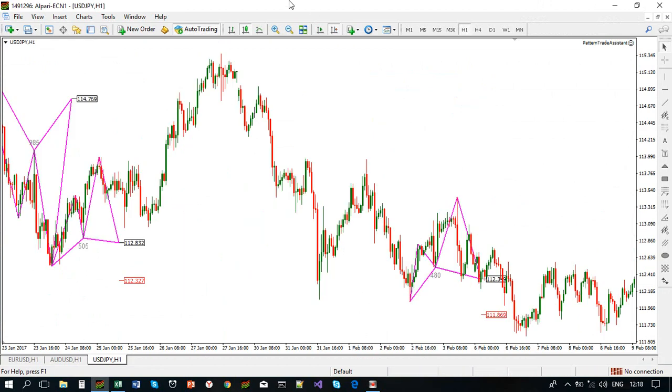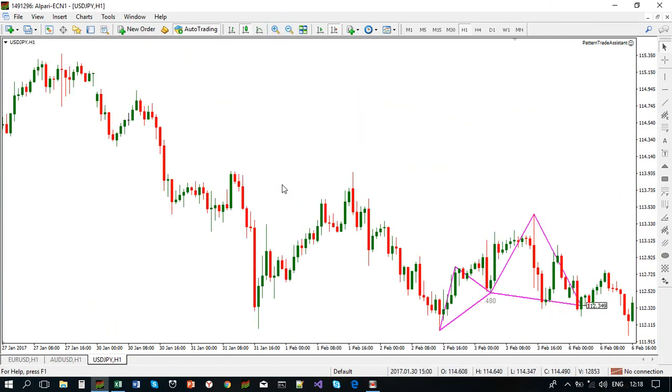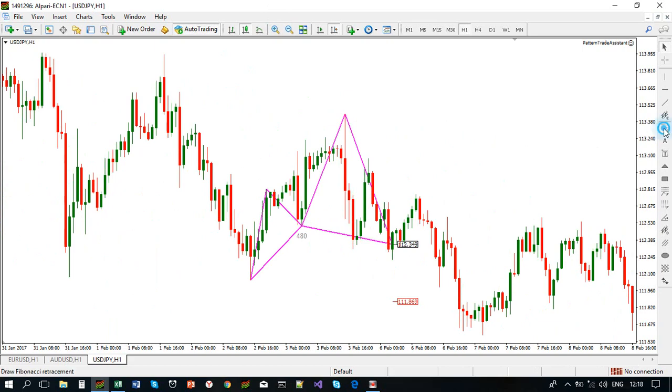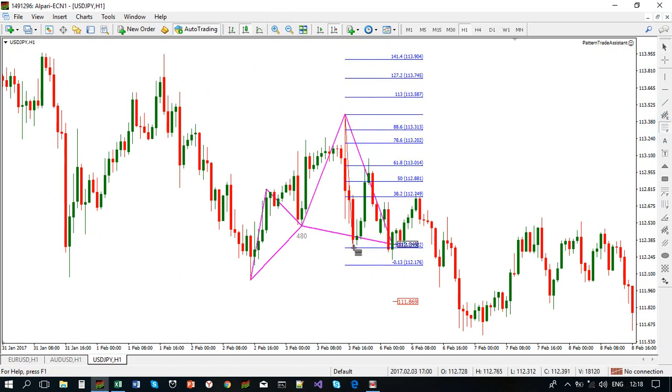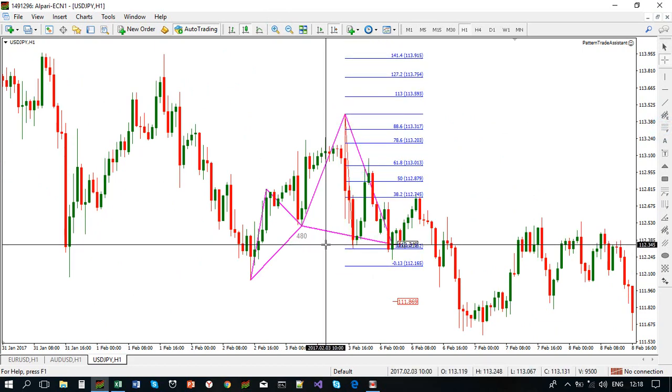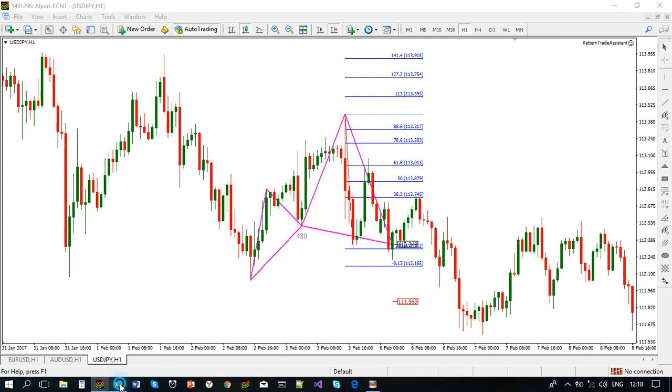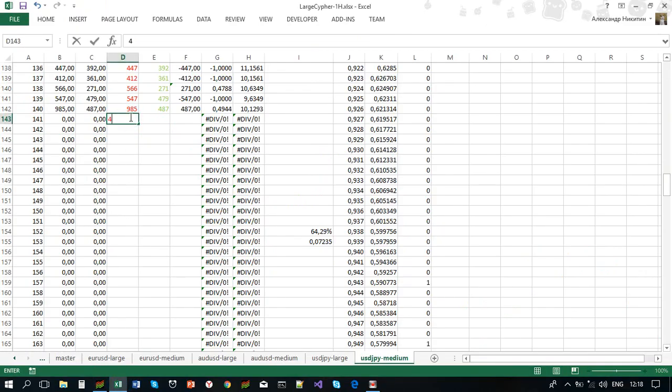Going next. This is a perfect winner. I like it. Look at this. Yes. The entry is this. Take profit is 39.5, 48.0, and it equals to take profit.